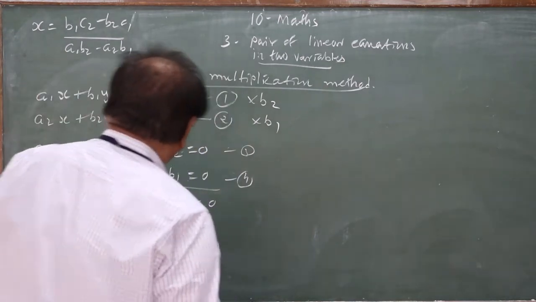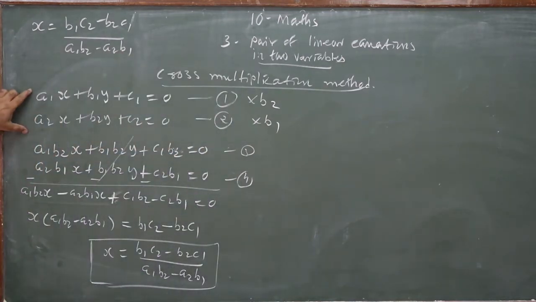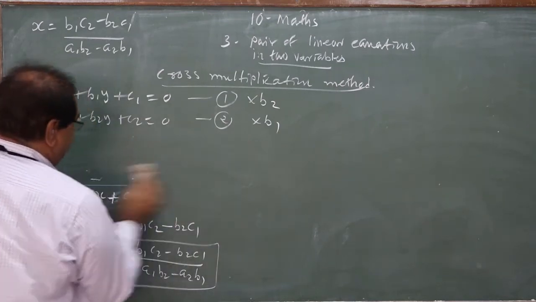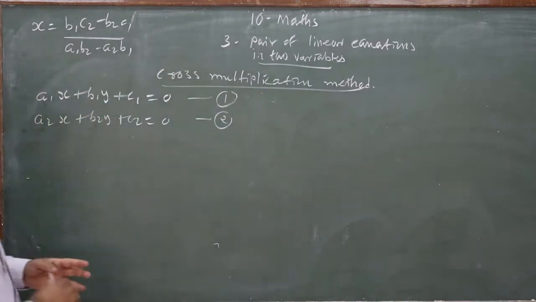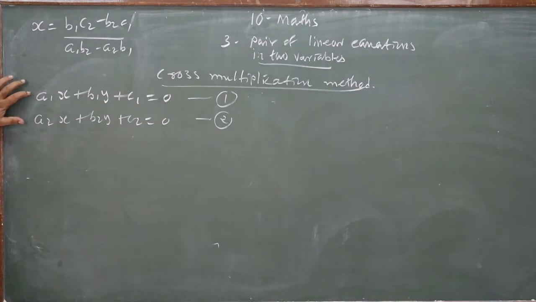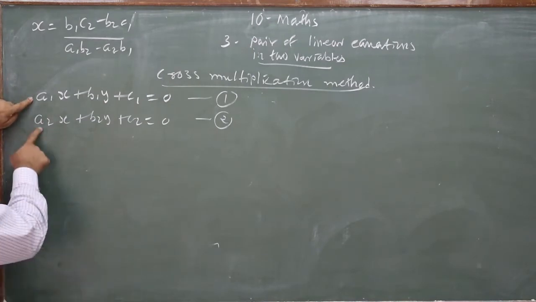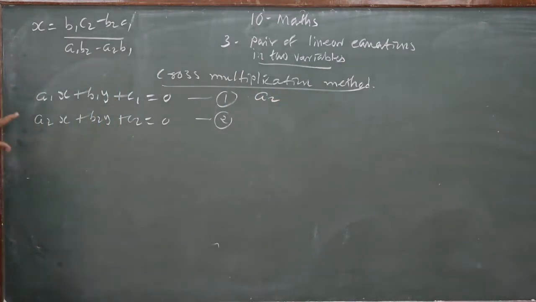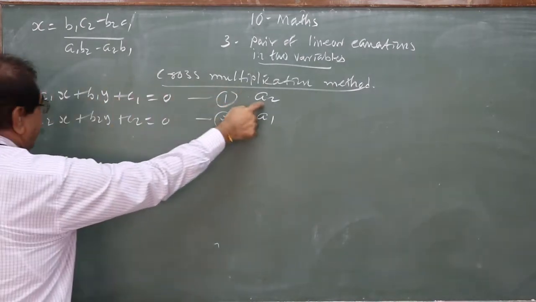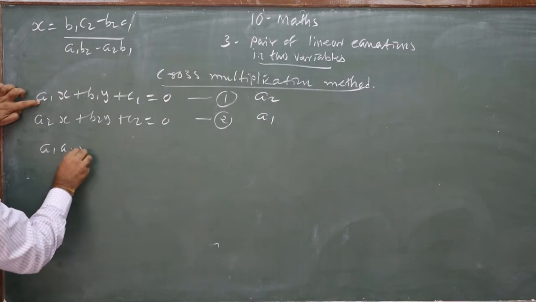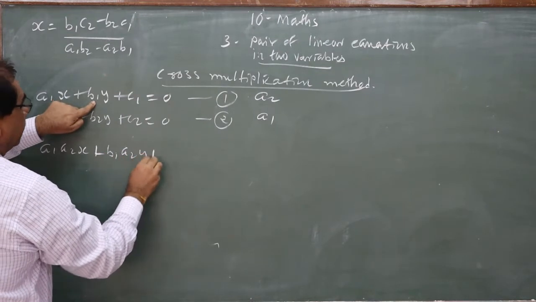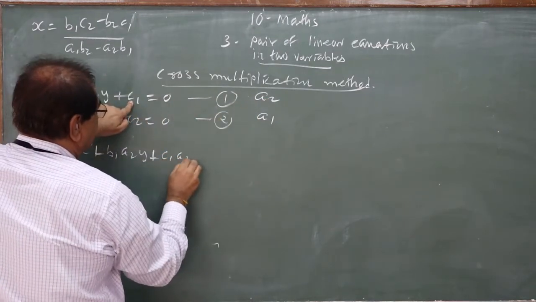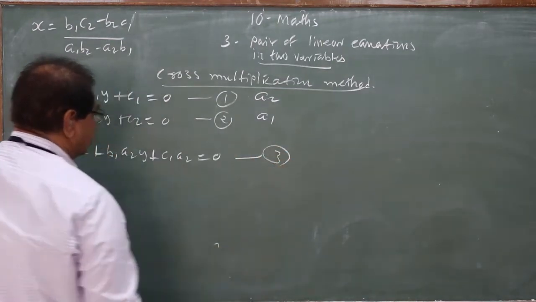Okay? Now next I try to eliminate x, not y. These are equations 1 and 2. I want to balance the coefficient of x. So equation 1 I multiply by a2, and equation 2 I multiply by a1. Multiplying now, a1 a2x plus b1 a2y plus c1 a2 is equal to 0, equation number 3.